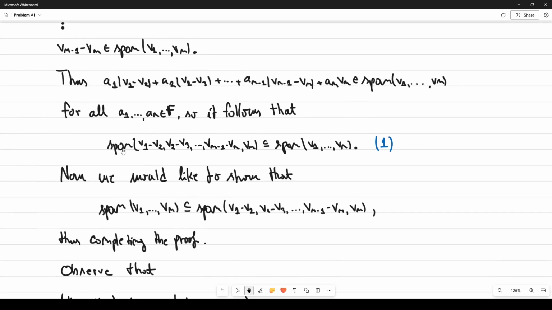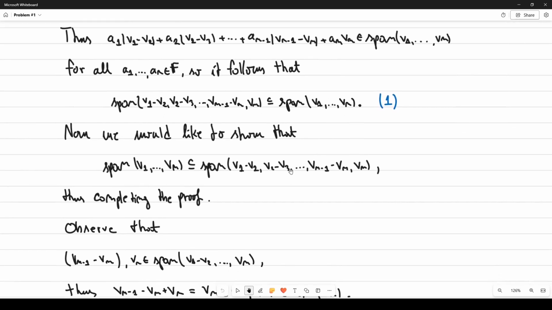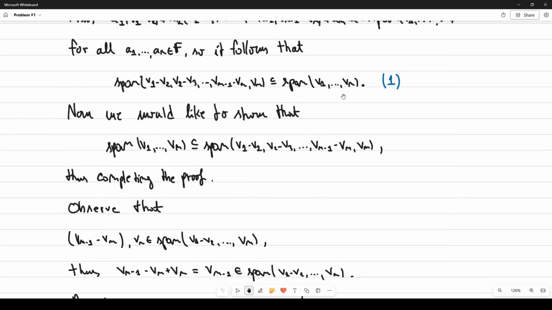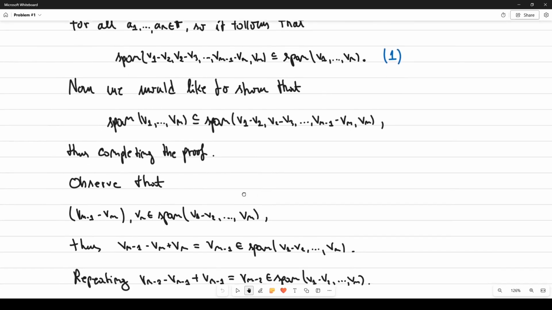So the span of these vectors over here is a subset of our original span. And now we would like to show that our original span is a subset of our new span, to show that these two sets are equal.